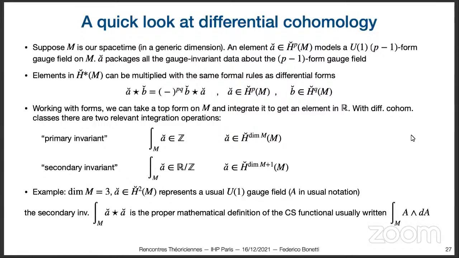This is a degree 4 object. You integrate it on 3D spacetime, and you get a phase. And that phase is actually nothing but the familiar Chern-Simons invariant that normally we would write locally as A dA. So the point of this formalism is that it makes it possible to treat this Chern-Simons-like invariant in a rigorous way without having to resort to, say, a local description or a description in terms of differential forms.